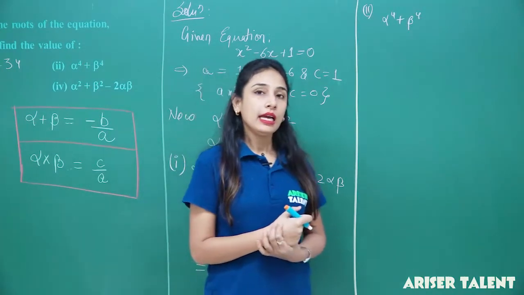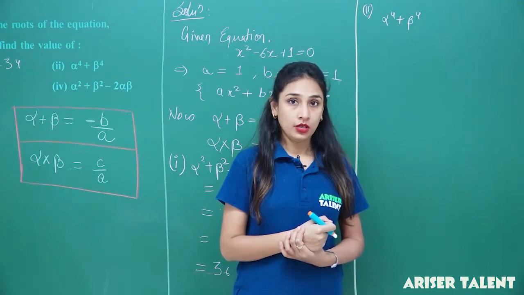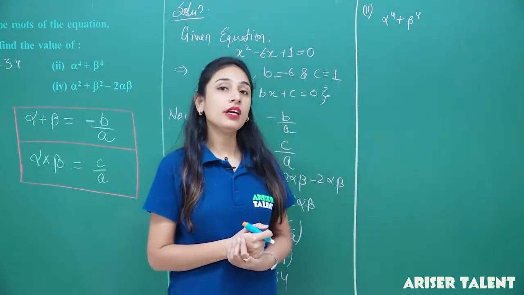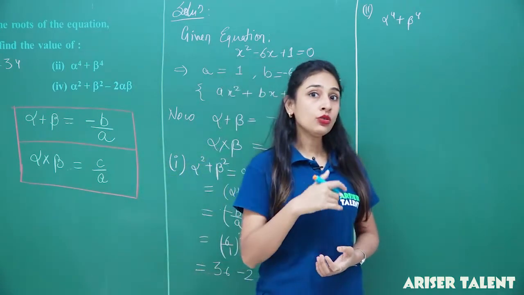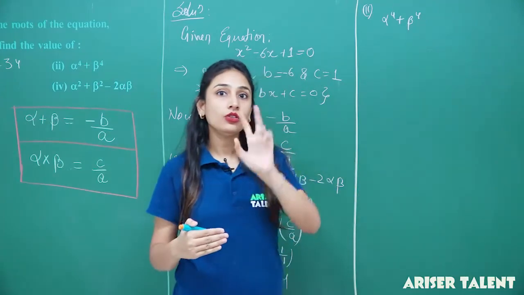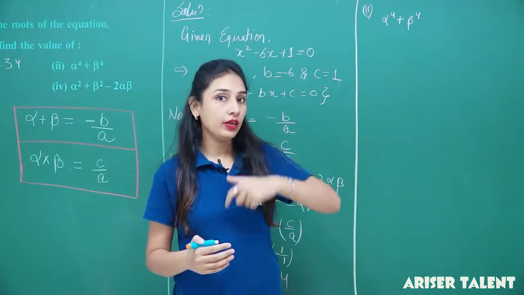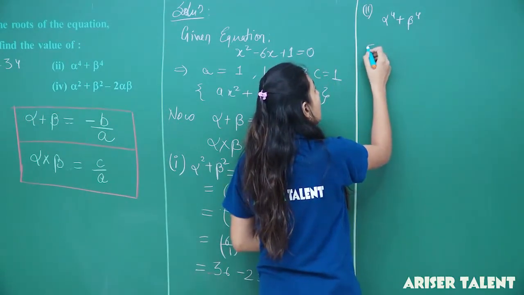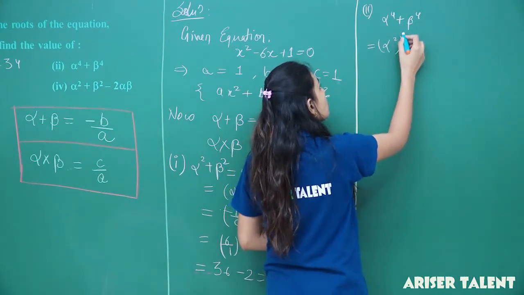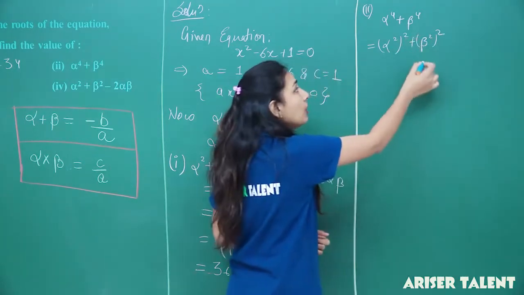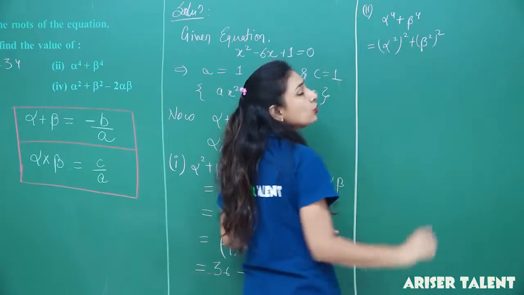We have solved an x to the power 4 kind of equation by converting it into x square whole square, and then we find the value by substituting. So, can I write alpha to the power 4 plus beta to the power 4 equals to alpha square plus beta square, whole square.